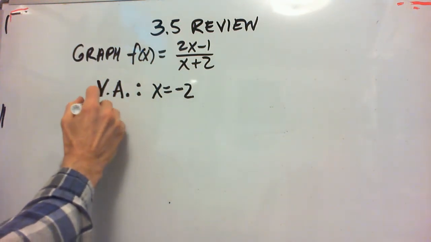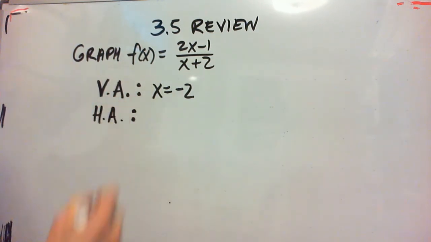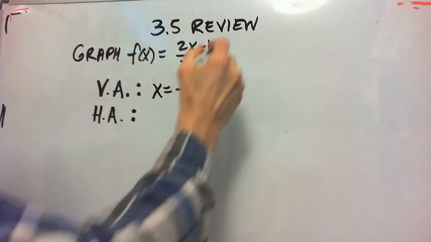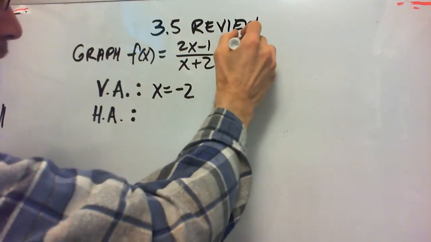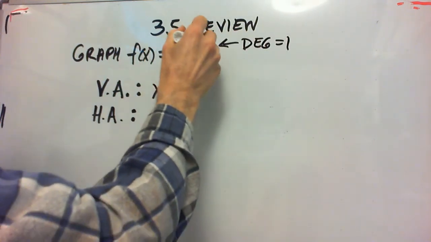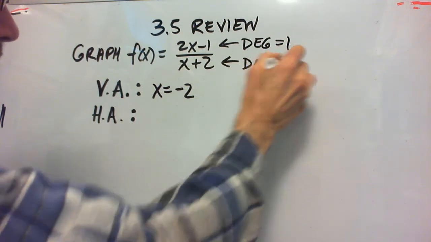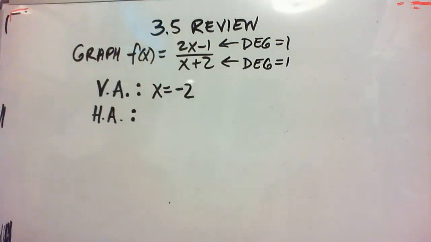Now, the horizontal asymptote in this case is not y equals 0. In this case, the degrees are equal. The degree of the numerator is 1, 2x to the first. The degree of the denominator is also 1, x to the first power.